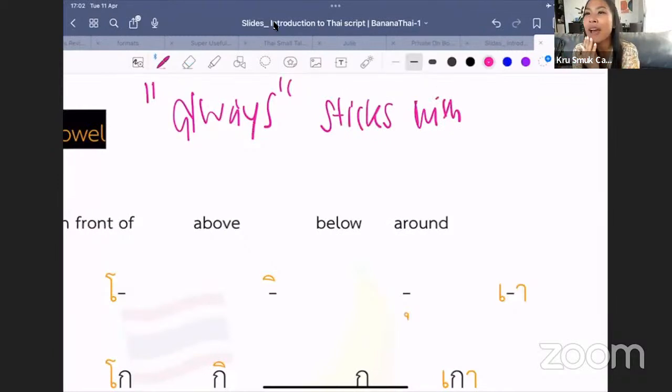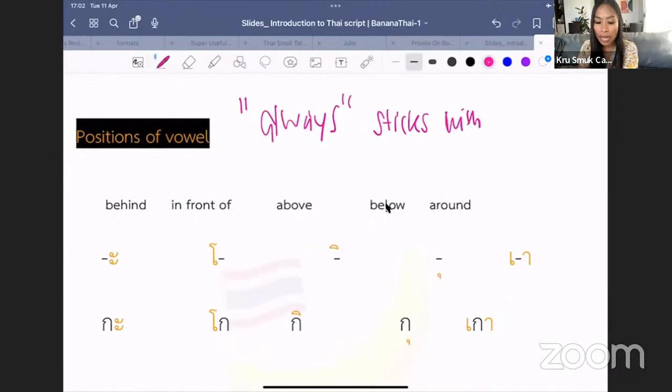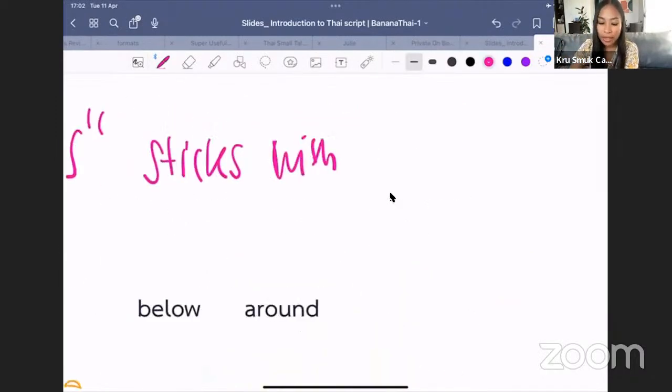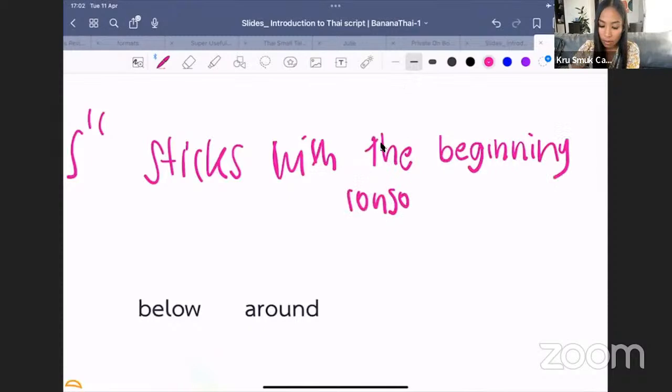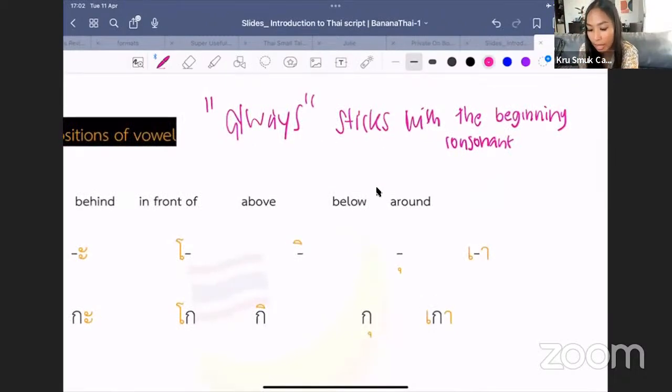Sorry, if you have a loud background noise, please mute yourself, นะคะ. Okay, so again, the vowels always stick with the beginning consonant. Sorry, that's not my handwriting because I'm writing on my hand like this.